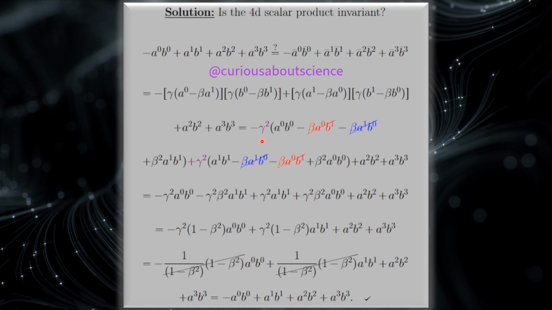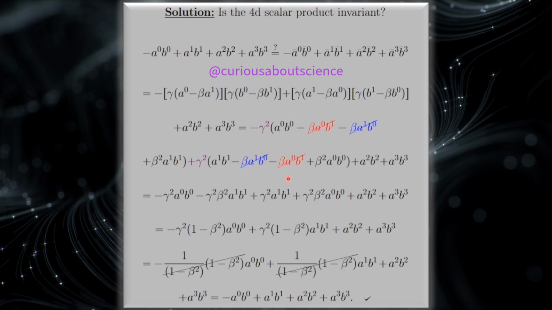But what we see here is that when we FOIL out and distribute everything in these brackets, we get a gamma squared that can be factored out of the transformation of the zeroth coordinate. And now you see we can distribute and we get A0 B0, and then we get a minus beta A0 B1, or B1. And that cancels over here with the transformation of the first coordinate.